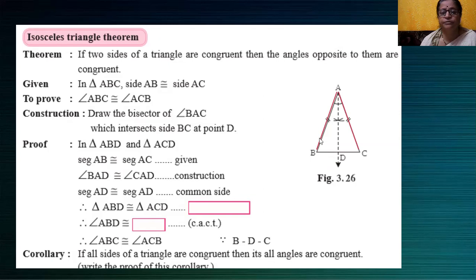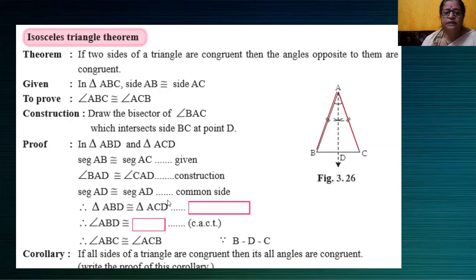For proving, we will see which parts are congruent. Segment AB is congruent to segment AC, because it is given. The next point is that angle BAD is congruent to angle CAD, because of construction.